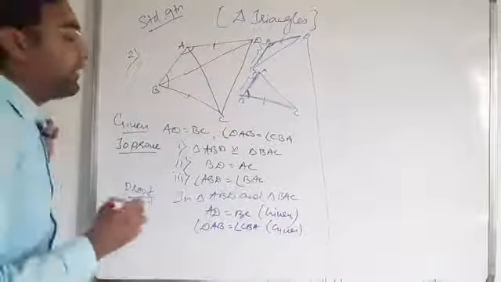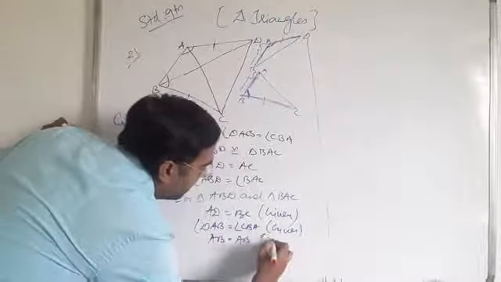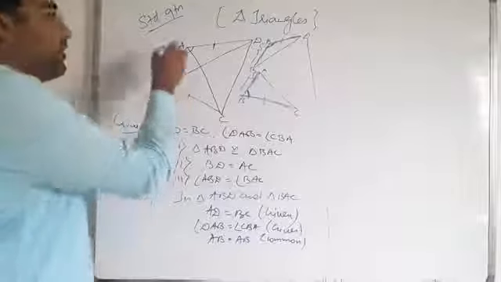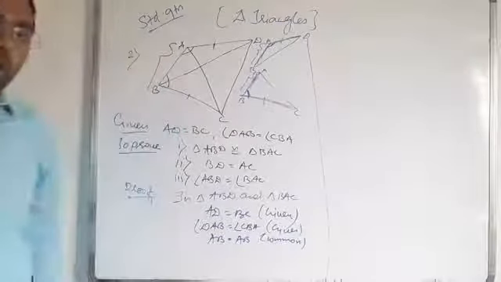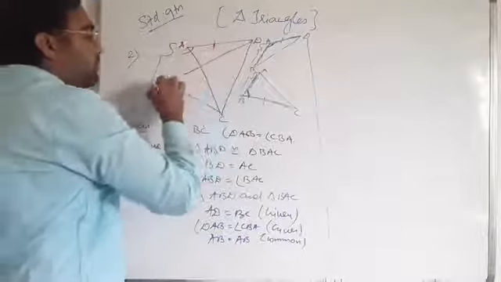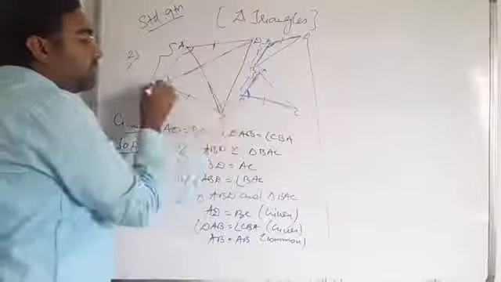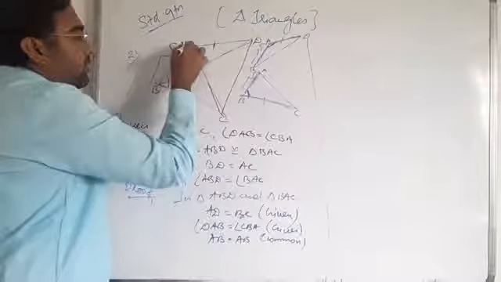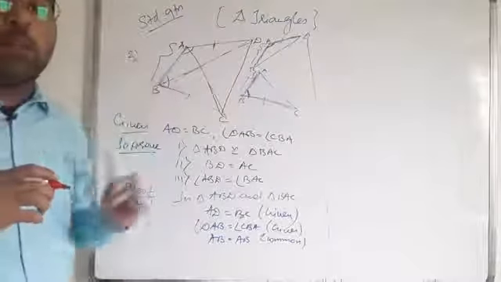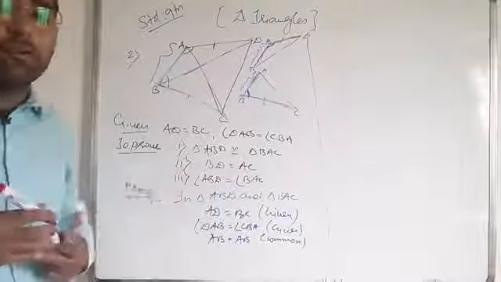And third side, AB, is common to both triangles as per the quadrilateral. One triangle is this, and the second triangle is this. You can see that in both triangles AB is common. So we write AB is equal to AB.